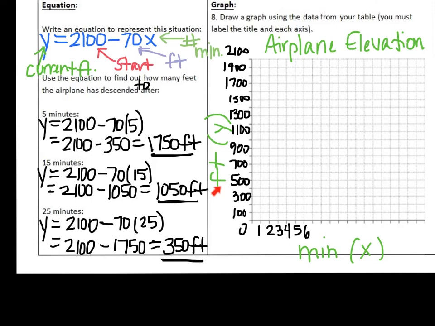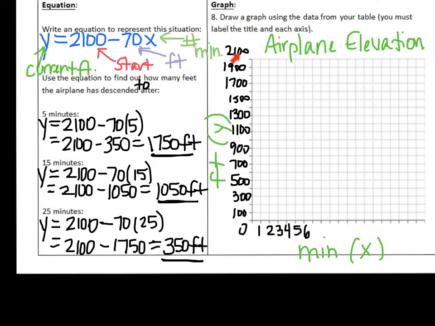I also have labeled my y-axis and my x-axis, and then I have labeled my intervals. So here I chose to go, because my graph is really small, by hundreds, 100, 300, 500, 700, so on, and then I just went by 1, 2, 3, 4, 5, 6 minutes.